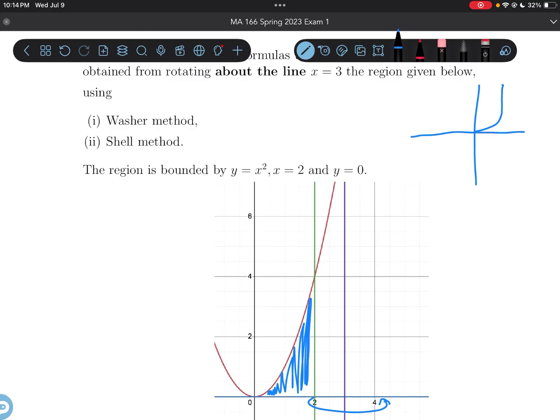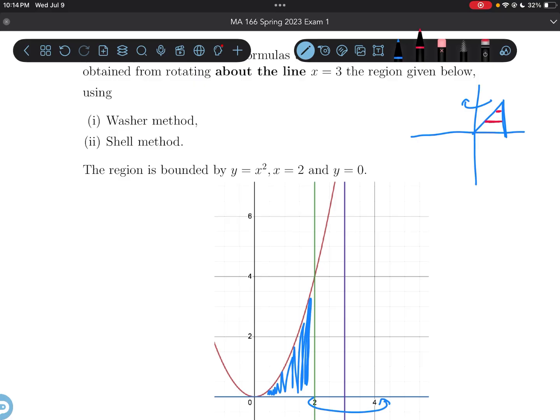Let's make it easy: say I have this triangle shaped area, and I'm going to rotate it about the y-axis, this way. The two methods I can use are the washer method and the shell method. So let's start with the washer method first.